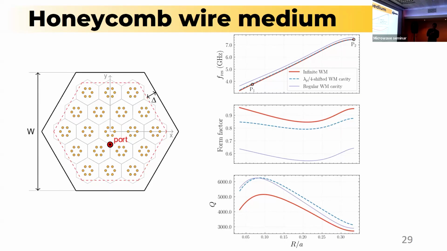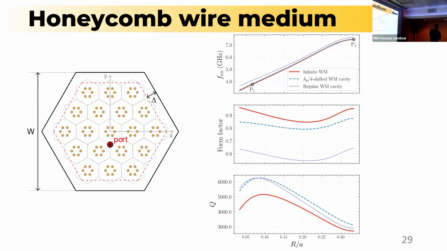So this optimized cavity with the lambda/4 gap allows us to actually measure the plasma frequency of our wire medium. And if we can measure it, we can corroborate that with this honeycomb deformation we are achieving a tuning of the plasma frequency.